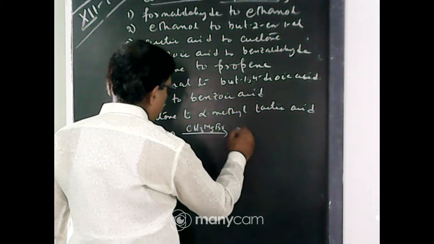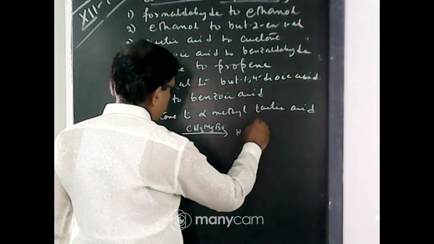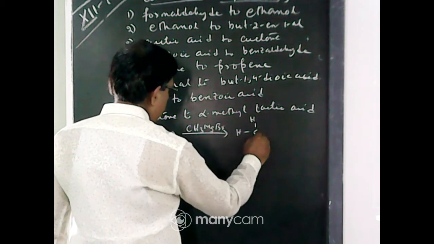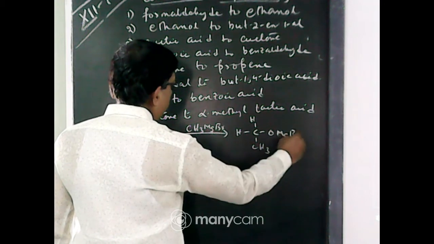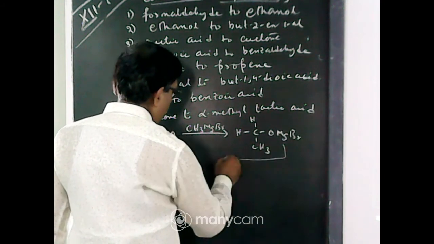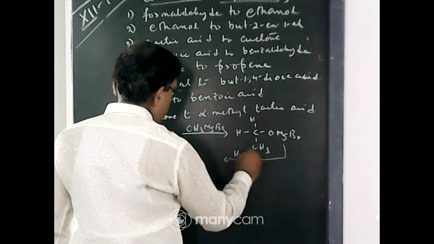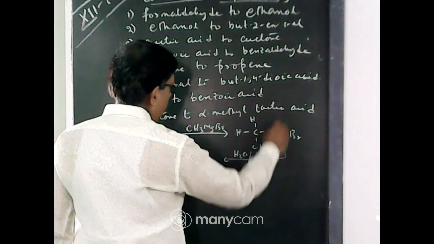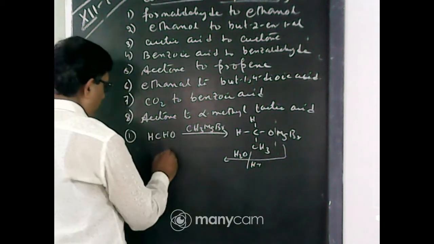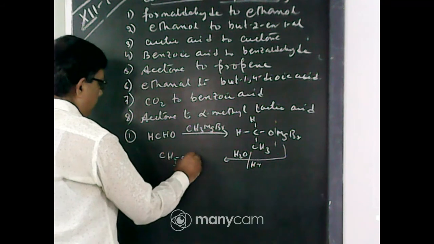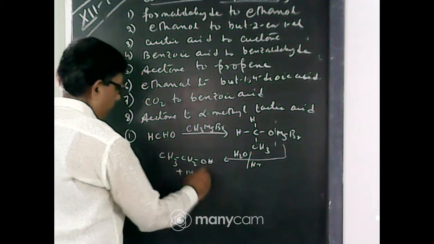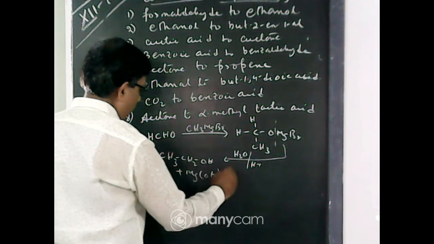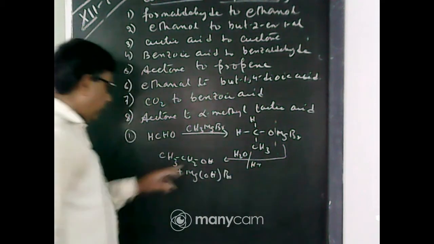What will be the product? CH3CH2OMgBr, an addition compound. On hydrolysis, it forms CH3CH2OH plus Mg(OH)Br.